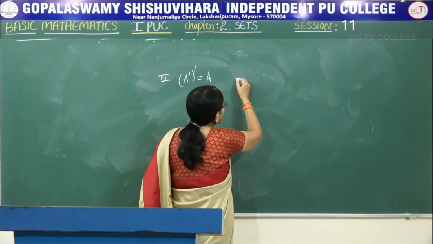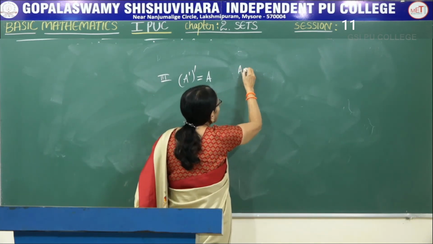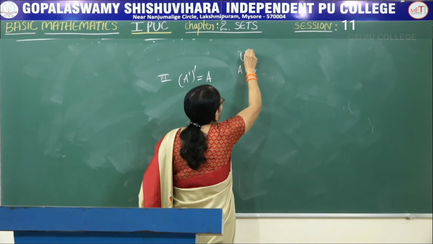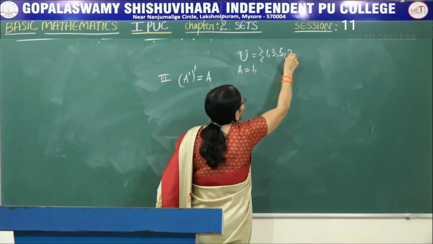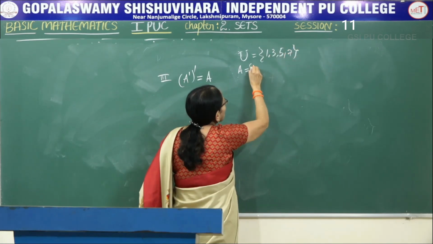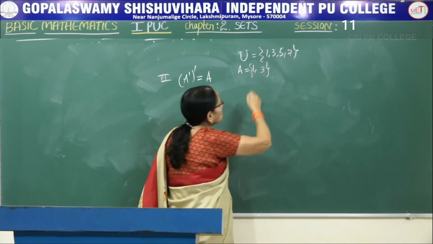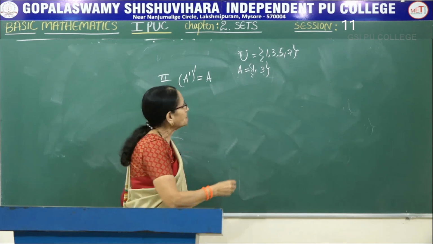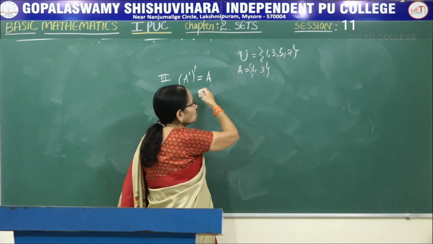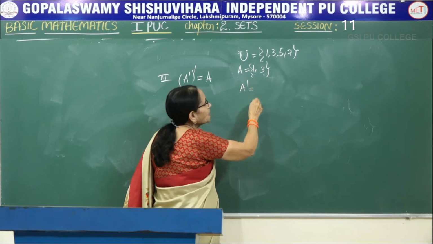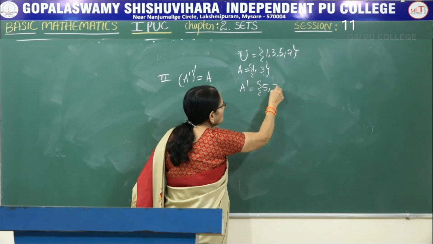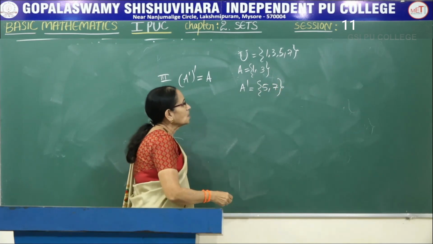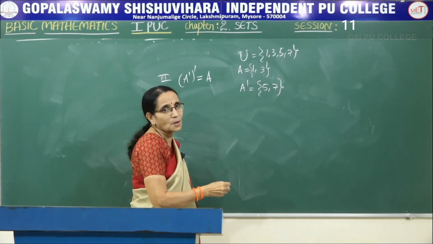For example, suppose U has the elements 1, 3, 5, 7. Now let A have only two elements, 1, 3. I am taking an example to show the result. Then what would be A dash here? A dash will contain the elements which are not in A, that is, 5, 7.